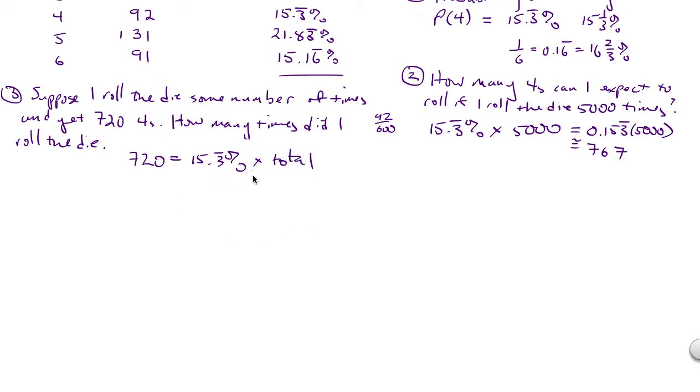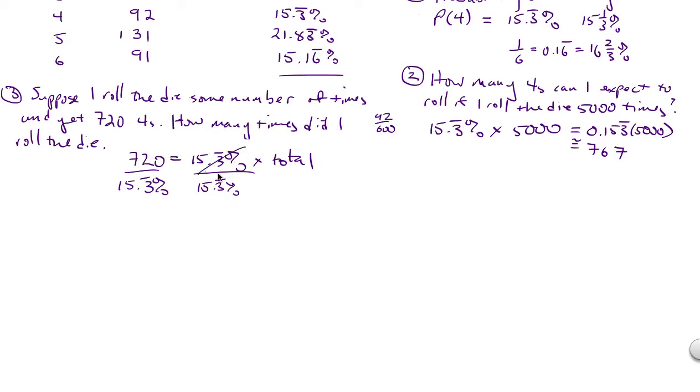So here's a little idea here. If I got 720 by multiplying the total by 15.3 repeating percent, I guess we have to do what to get this guy by itself? To undo that multiplication? Well, we would just divide. I'm going to divide both sides by 15.3% because I'm just teasing a little bit of algebra here.